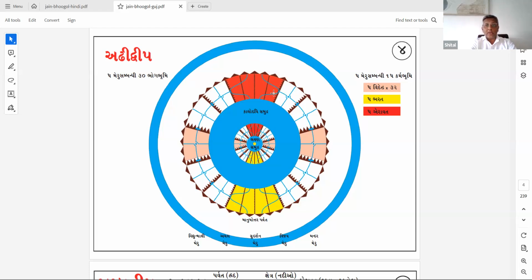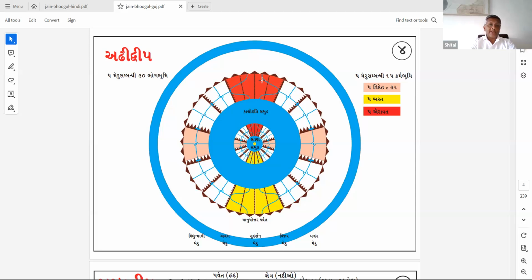If you look at Pushkaran, you'll be able to see the 6 Kulachals. So there's 1 here, 2 here, 3 here, 4 here, 5, 6. So these are the 6 Kulachals for the eastern side of Pushkar Dweep. Also 6 Kulachals here, 1, 2, 3, 4, 5, 6. So 6 Kulachal Parvat for the western side.